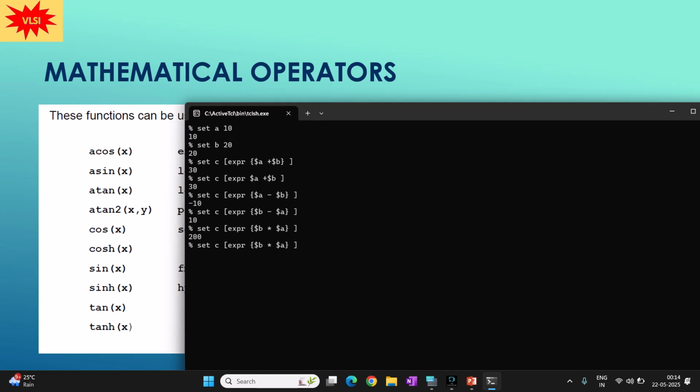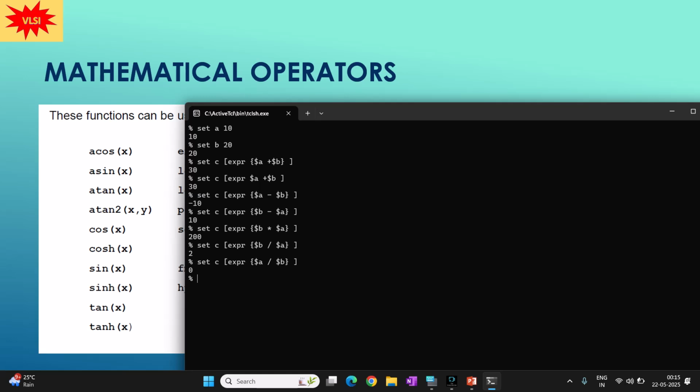which is pretty easy. There's no catch. But then let's see whether it's able to divide the numbers properly or not. $A divided by $B is giving me the answer 0, which is obviously wrong.